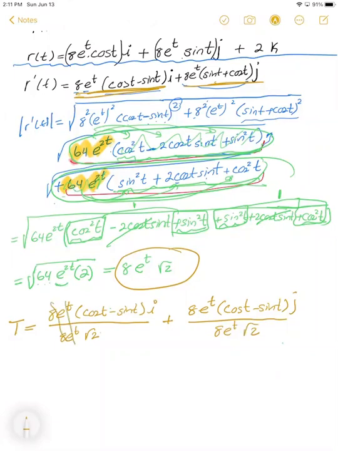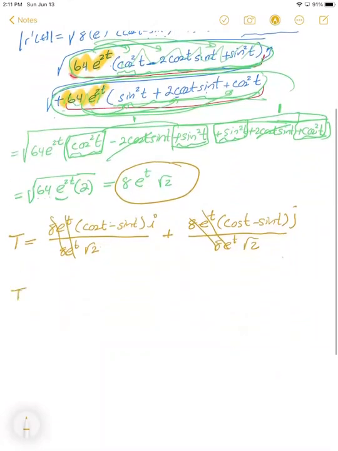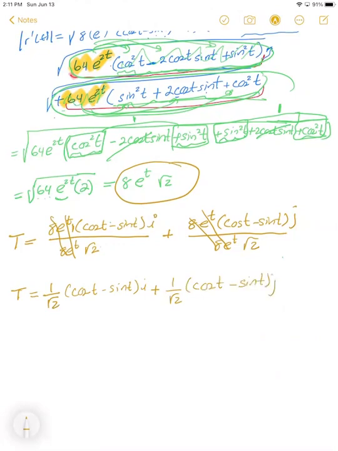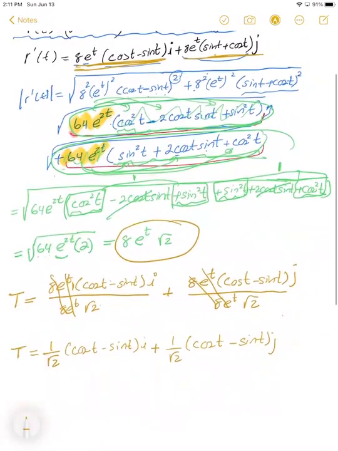So these are canceling each other. So the unit tangent vector, I could also write that as 1 over square root of 2 (cosine t minus sine t) i plus 1 over square root of 2 (cosine t plus sine t) j. Oh, the other parenthesis is a plus sign.